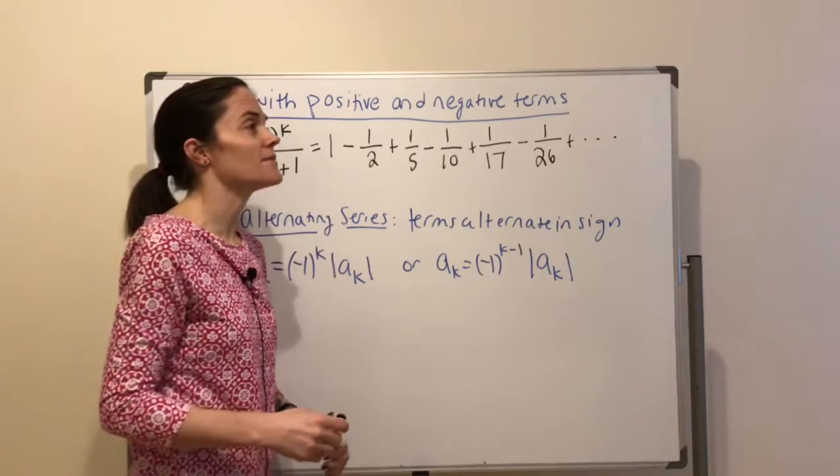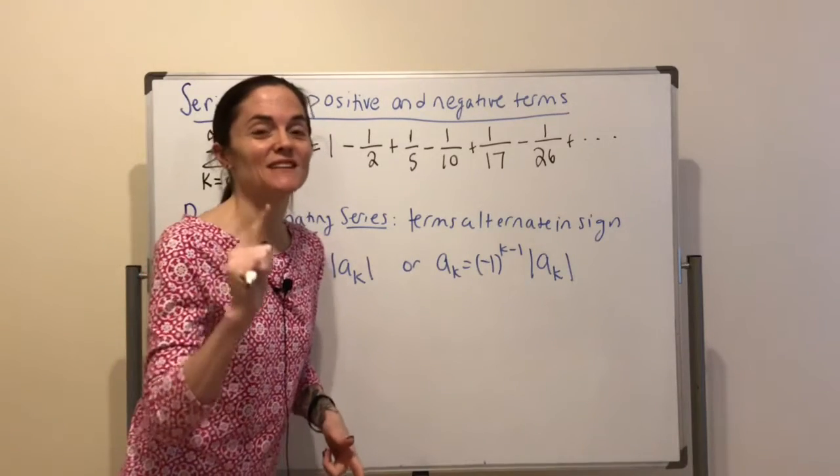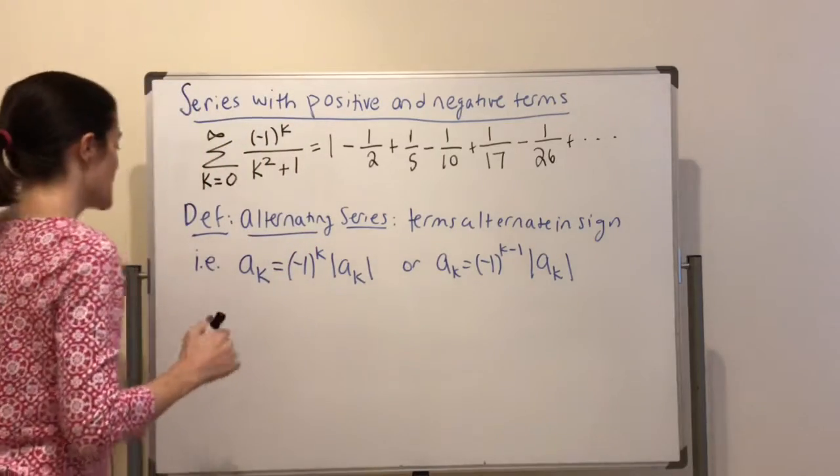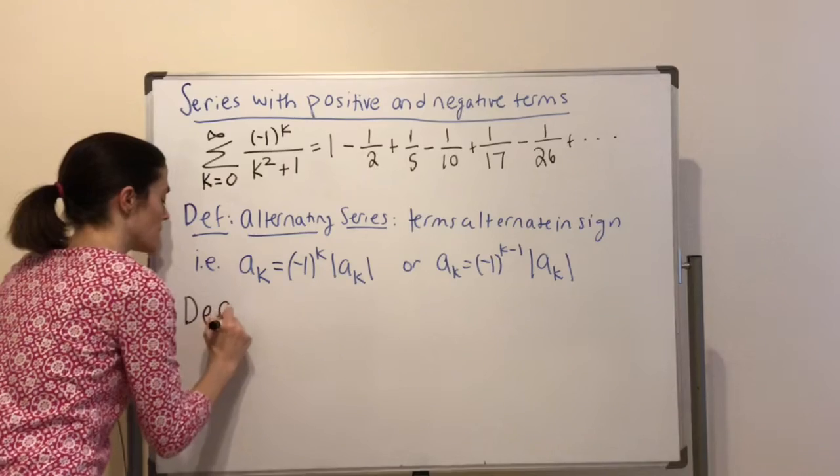Okay, well, there are two different types of convergence, plus alternating series can also diverge. Okay, so we have more going on than we did when we only looked at non-negative series. So let me tell you a definition, and then I'm going to talk about this one.